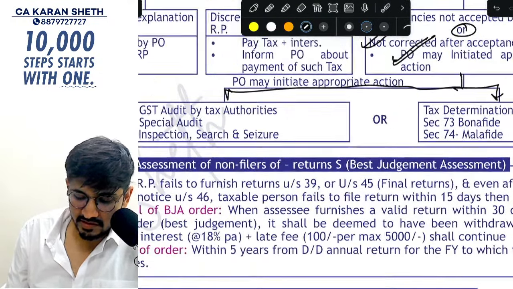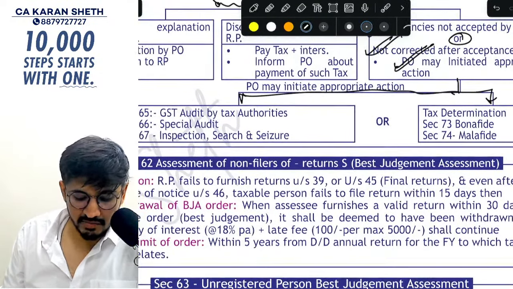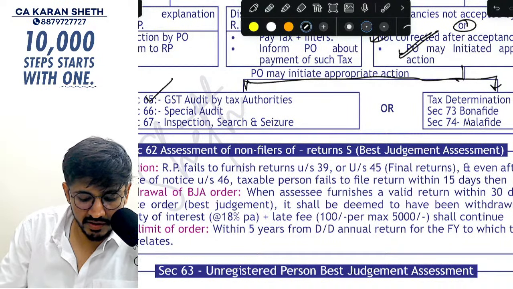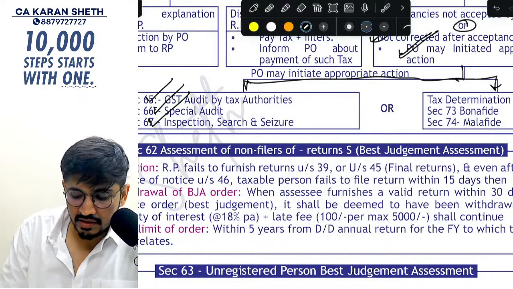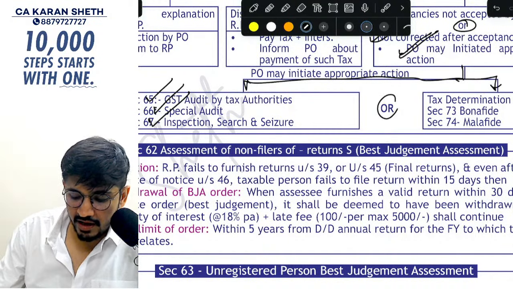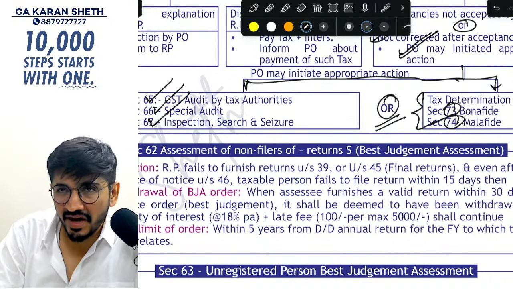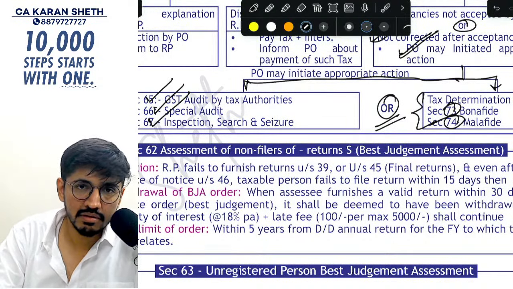The proper officer says, listen boss, I will now go ahead with either GST audit, special audit, inspection, search and seizure, or I will directly start with demand and recovery under 73, 74. Very, very, very simple.